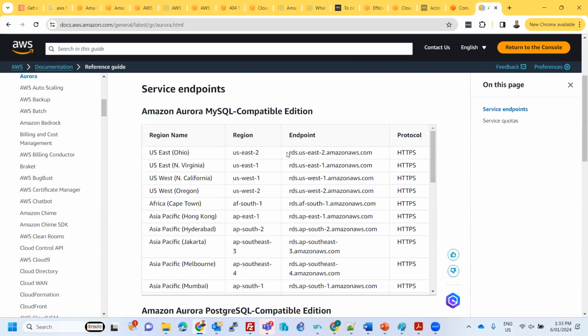For different services, there are different endpoints. See, this is the endpoint. Endpoint is kind of like, because there are many services, but this is their location, basically.